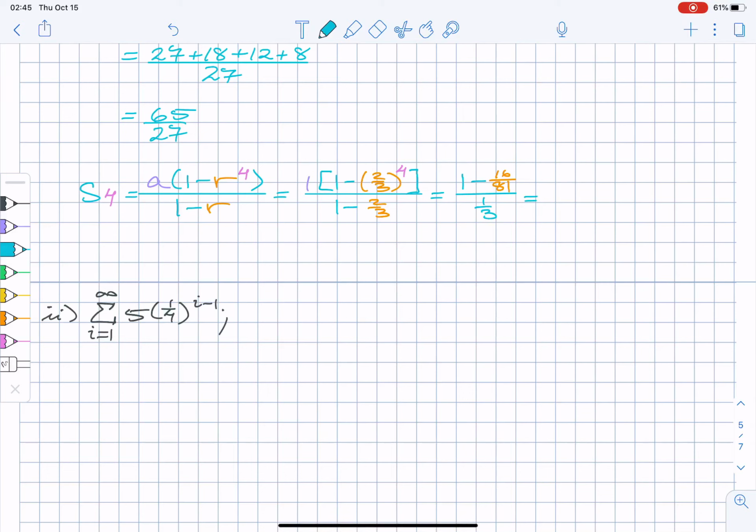So 81 minus 16 is the same as 80 minus 15, that's 65 over 81, which we're dividing by 1/3. And dividing by 1/3 is the same as multiplying by 3. So 3 goes into 81 27 times. And look at that, it's the same, so much easier.